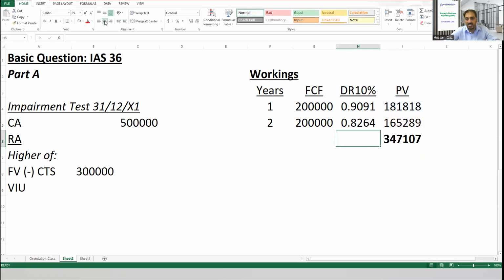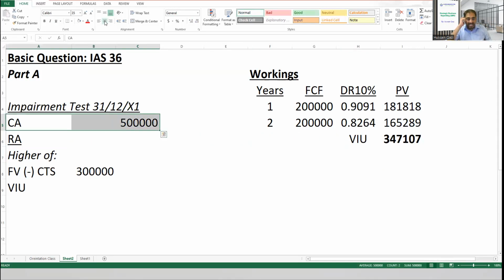And this is the value in use. By the way, the concept of recoverable amount in impairment is that we need to test if the carrying amount is 500,000, we can compare it with the recoverable amount. Recoverable amount means the maximum benefit that a company gets from this asset.